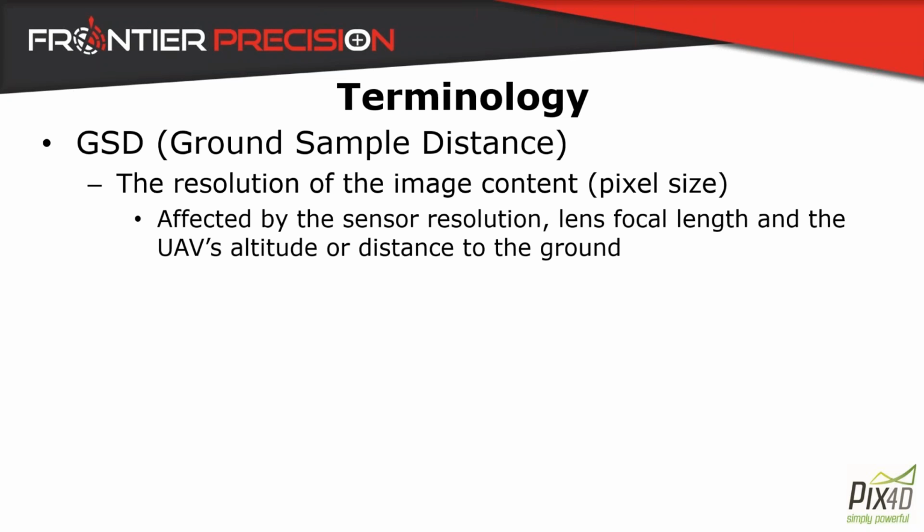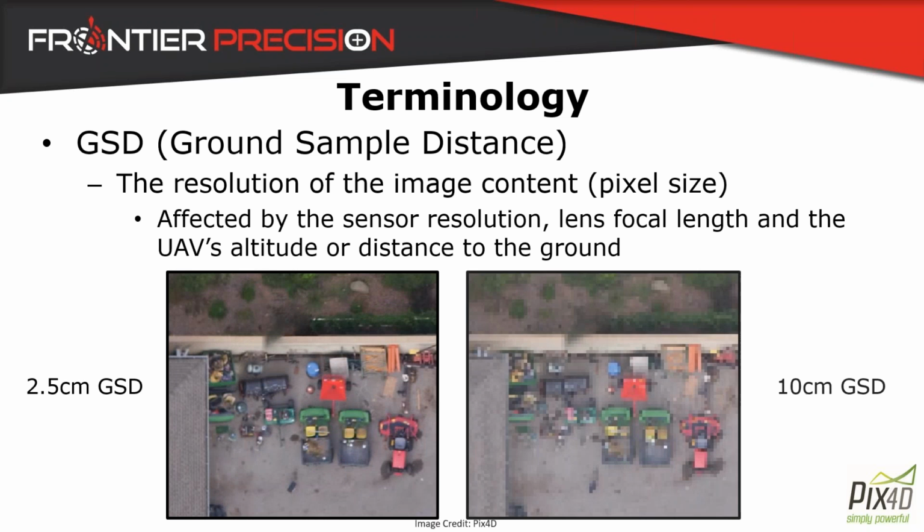This can be affected by several things, such as the resolution of the camera sensor, the focal length of the lens, and the UAV's altitude, or the height that it's flying above the ground. As a quick comparison of ground sample distance, we can look at these two images on the screen.